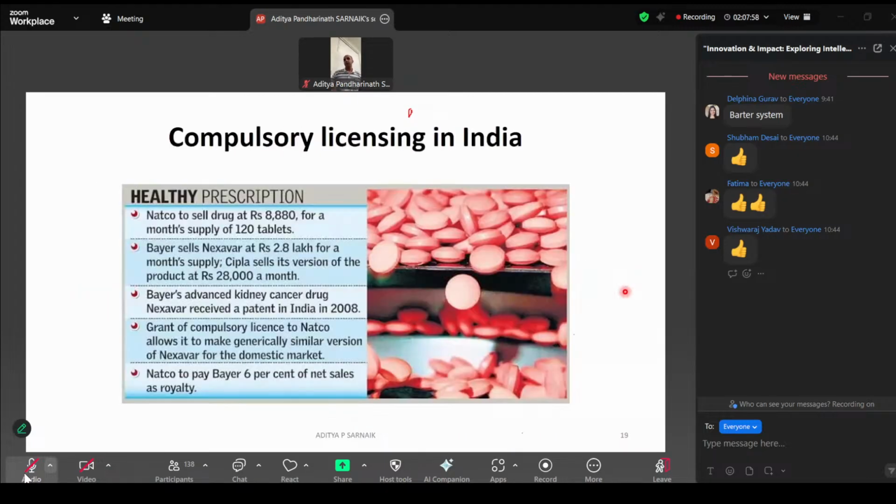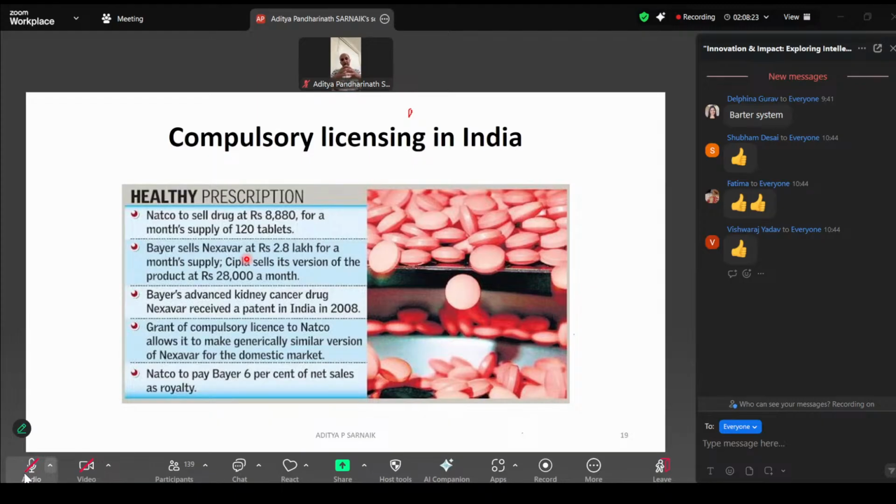Let's take this example. Bayer Pharmaceutical is a very big company, and Bayer made a drug called Nexavar, which is a kidney cancer drug. Nexavar was made in the US, so they got a US patent.